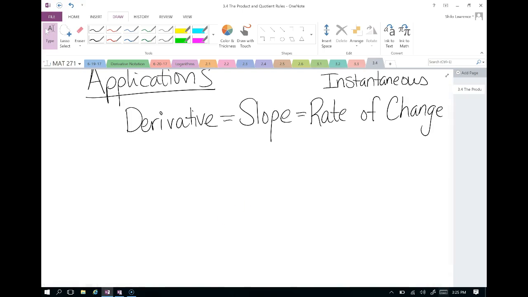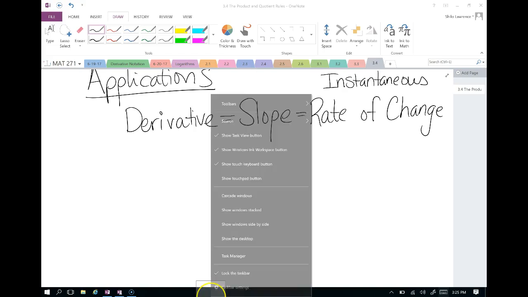I want to examine a problem in particular, or at least what exactly the derivative notation means, because it does have a meaning and it's very important to understand what that meaning is. And it will help you out tremendously when you do a problem.